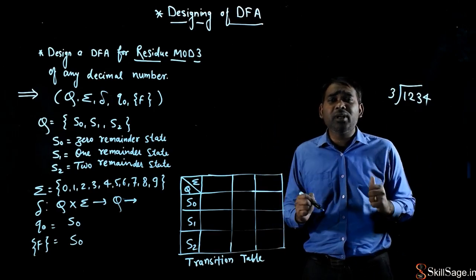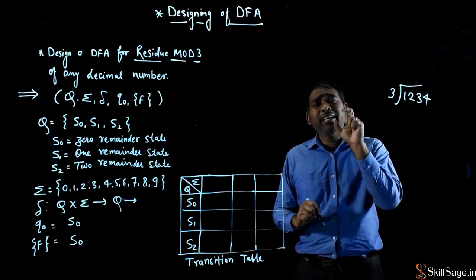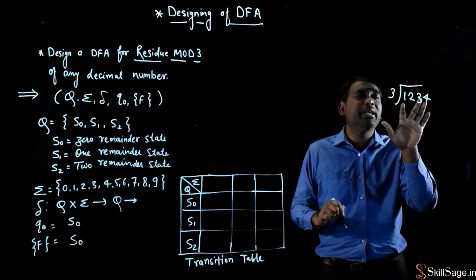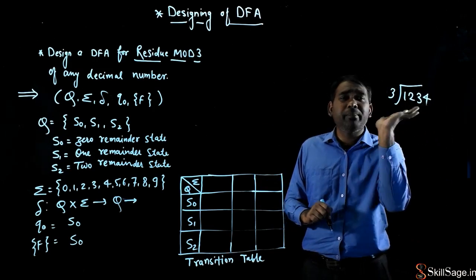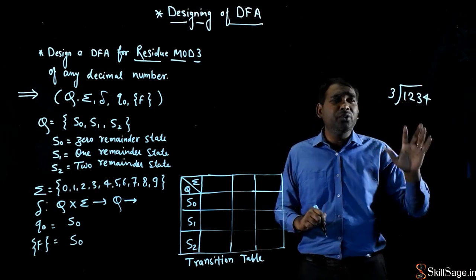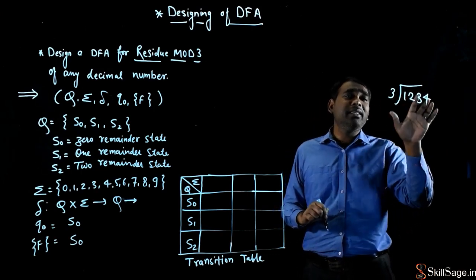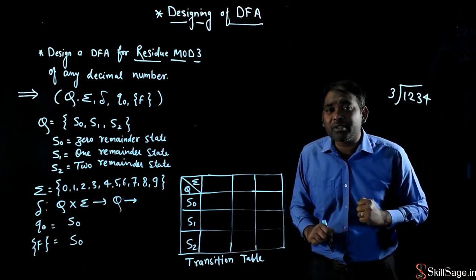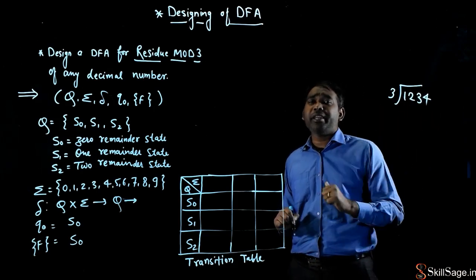And how does the finite automata work? A finite automata reads only one character, or one input symbol, at a time. So this is my input string 1, 2, 3, 4, and I want to check whether this input string is perfectly divisible by 3 or not.